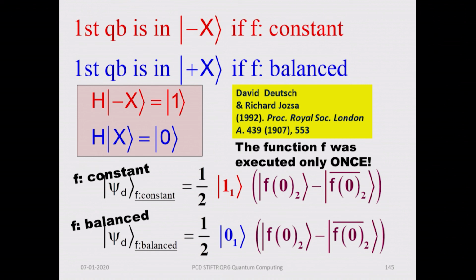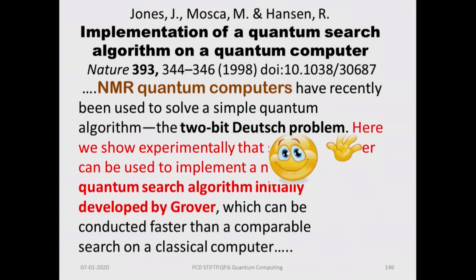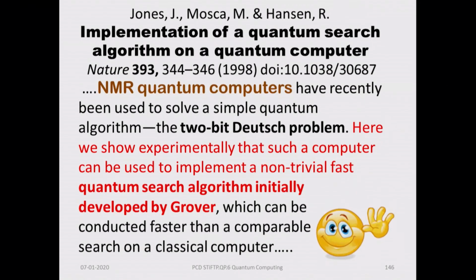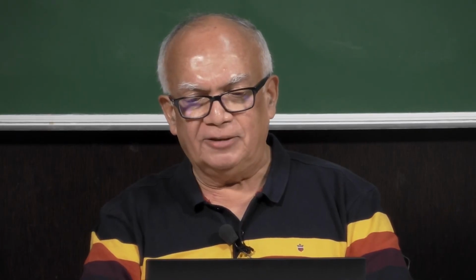So decoherence remains a challenge, but using NMR, the 2-bit Deutsch problem was solved like 20 years ago, and such an NMR quantum computer was built 20 years ago, and many things have been achieved, not just the Deutsch problem, but also the other algorithms including Grover and so on. So I will stop here for this class.